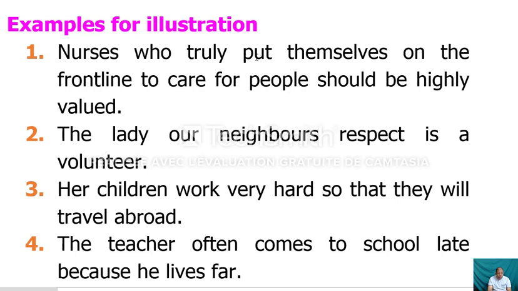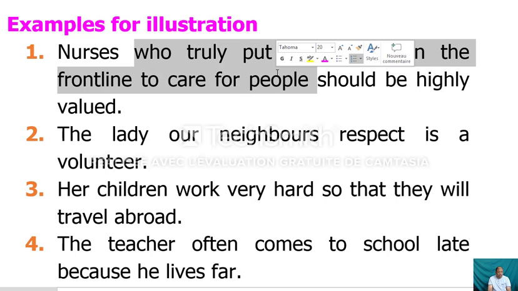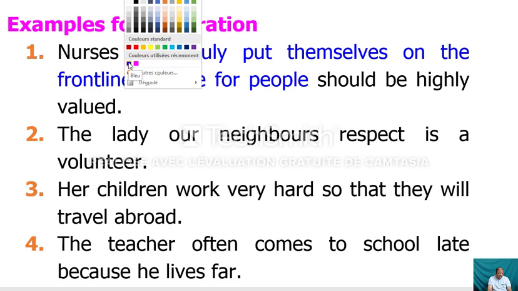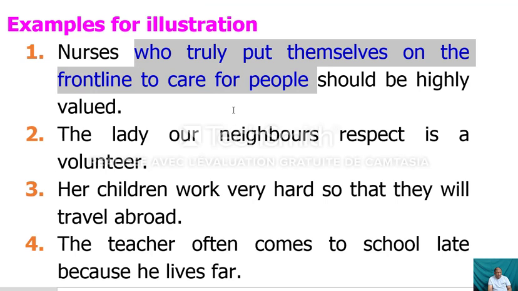Nurses who truly put themselves on the front line to care for people should be highly valued. So here we have an adjective clause till here. This is what we call an adjective clause. Why?